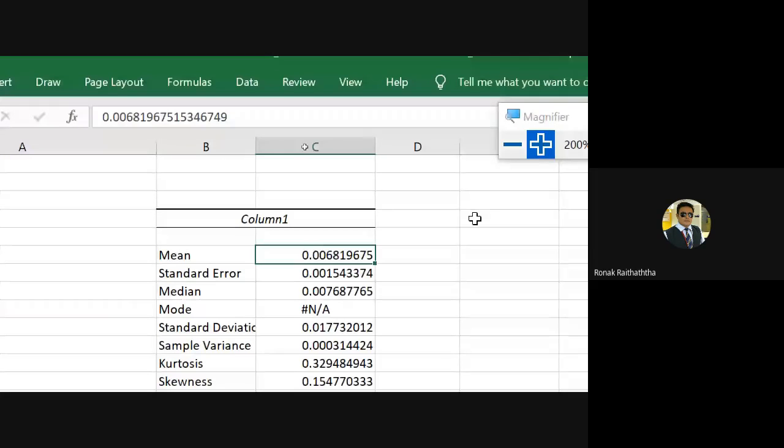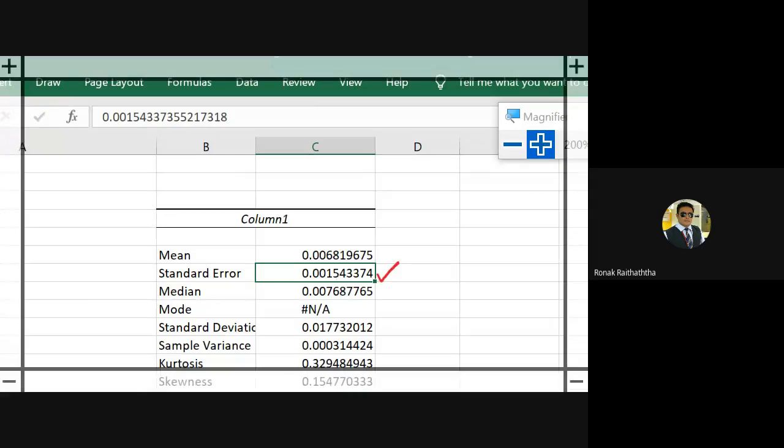So mean is this. Standard error tells you that in inferential statistics, when we try to extrapolate our conclusions to the population based on the samples, then my mean may differ by 0.0015 if I try to extrapolate this to a population.